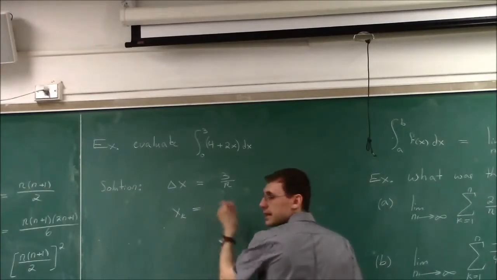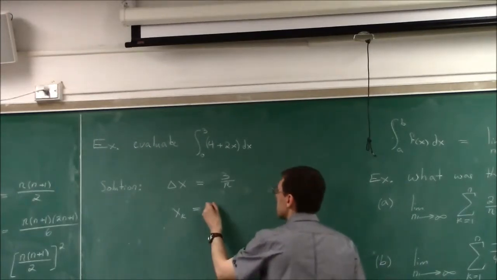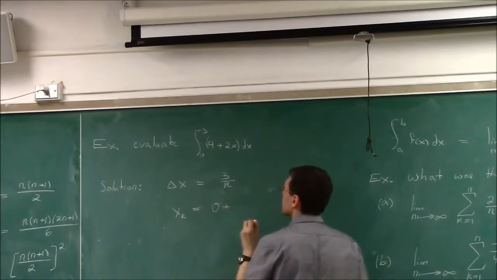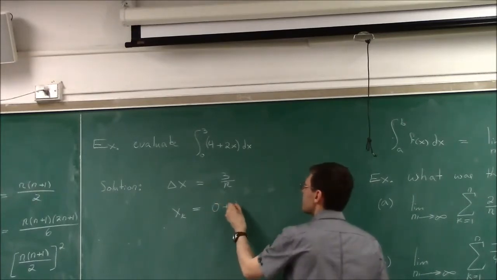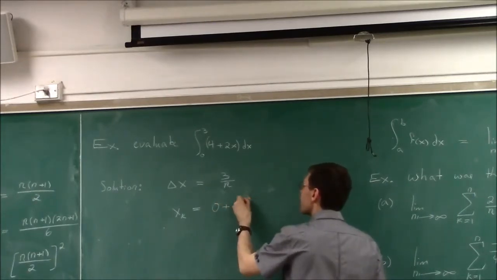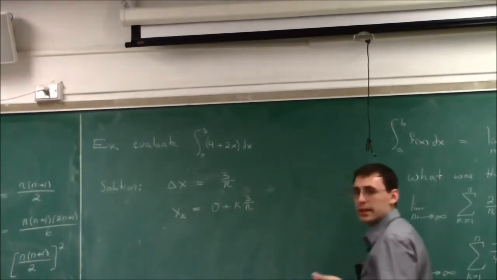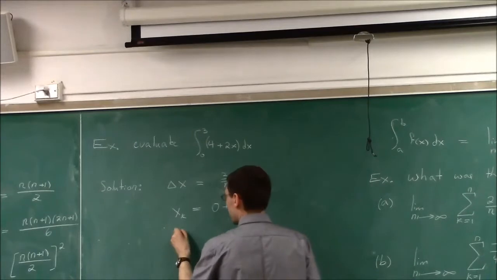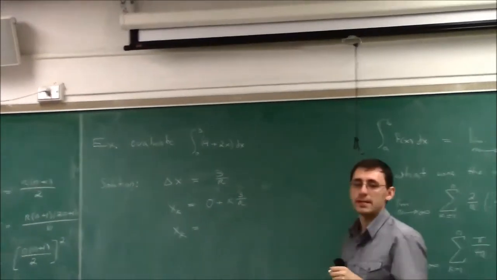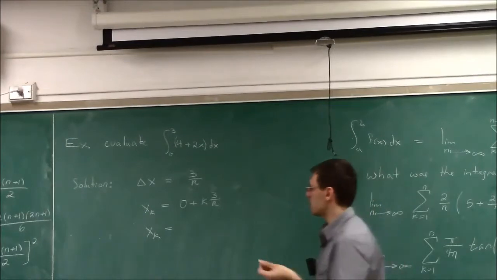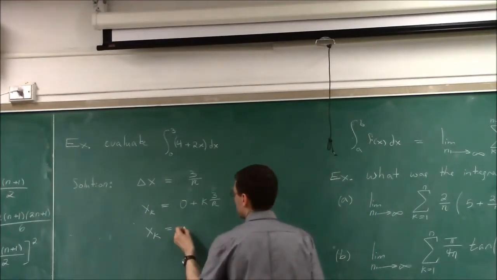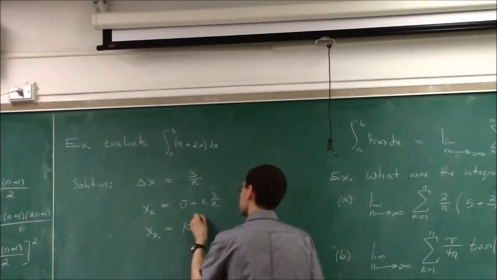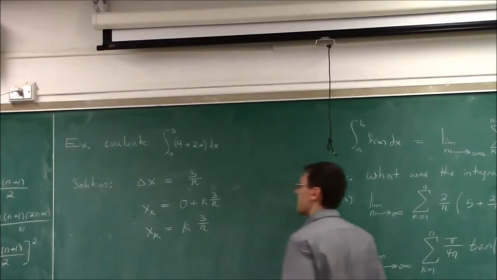Well, in this case, a is what? Let's say 0, right? 0 plus k times delta x, or 3 over n. Very good. By the way, usually if it begins with 0, students have less problems with it, because it's more compact. So this is k times 3 over n.